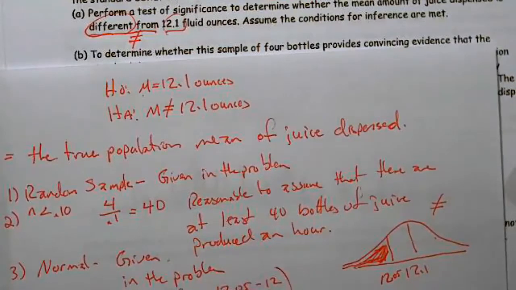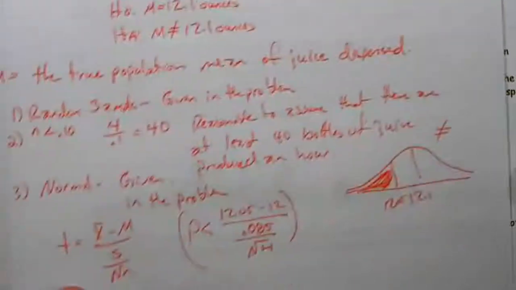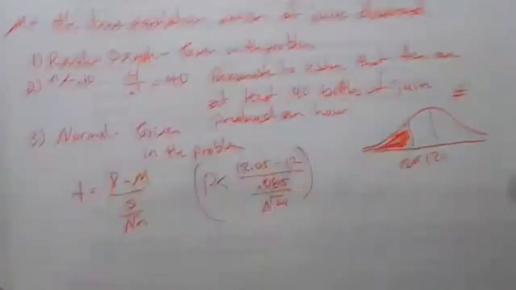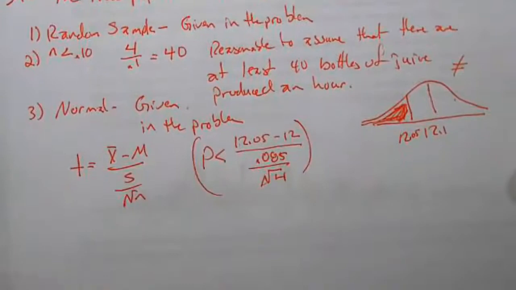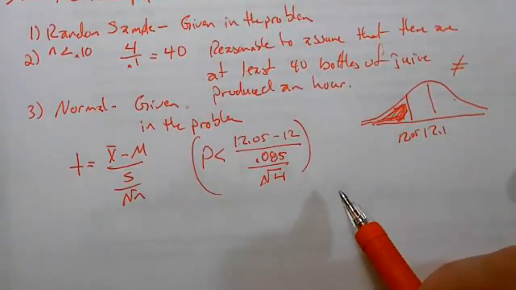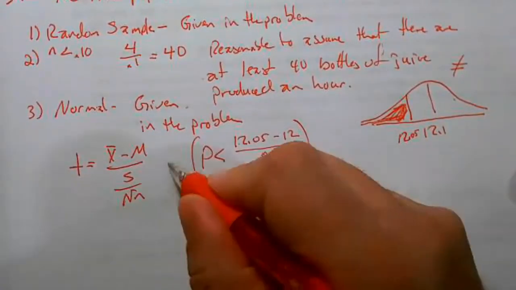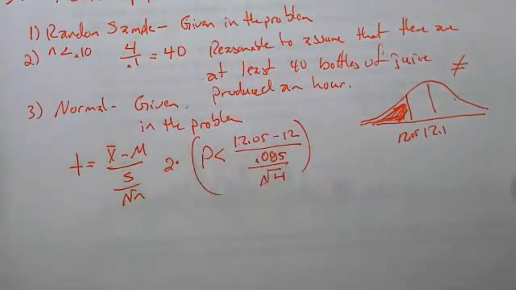Now, there's something not quite right about what I just finished writing. I'm sorry I didn't have that on screen. How many tails are there? Well, there are 2 tails, so I need a 2 out there.